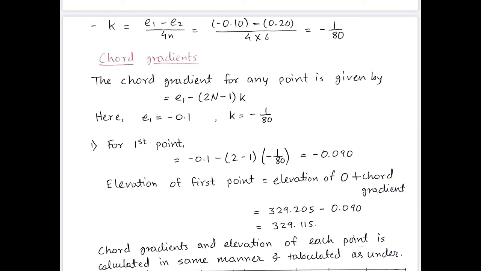Likewise, we have to find out the elevation for each point, starting from O to B. So starting from O, we find the first point, second point, third point, fourth point. Likewise, we have to find out 12 points, and the last point will be point B. The chord gradients and elevation of each point are calculated in the same manner as we have discussed and tabulated as under.